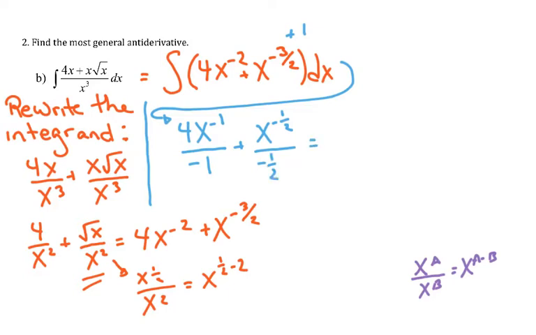And we're going to simplify this, and then I'll add on my constant c. So that gives me negative 4x to the negative 1 minus 2x to the negative 1/2 plus c, which I would probably write like this.